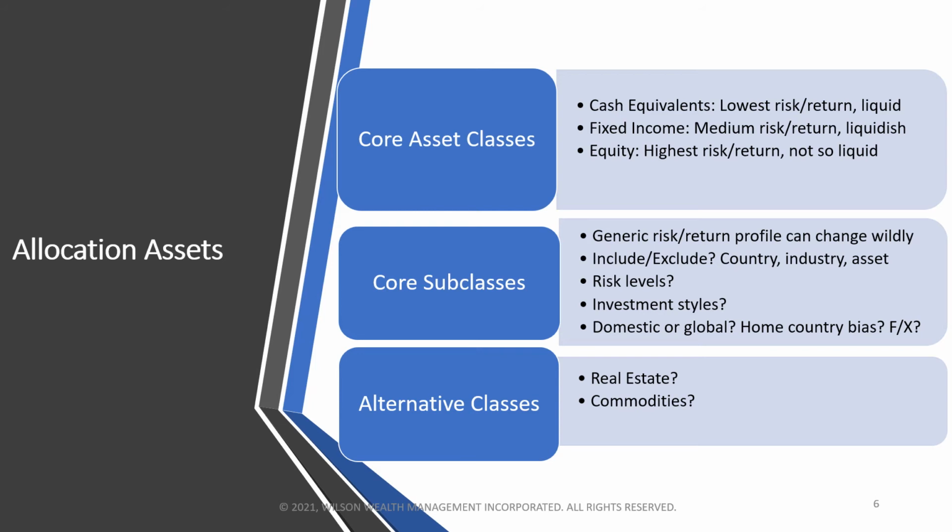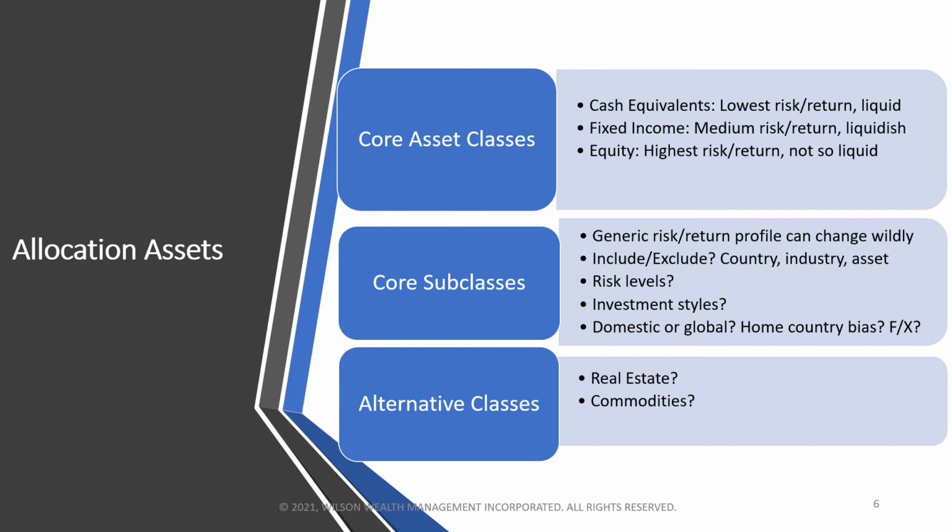You're buying strictly for their potential capital gains over time. So that would be one example. Another area to consider is domestic versus global. Do I want to invest internationally, or do I just want to stick close to home?